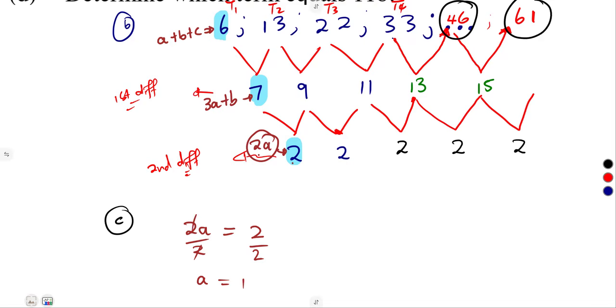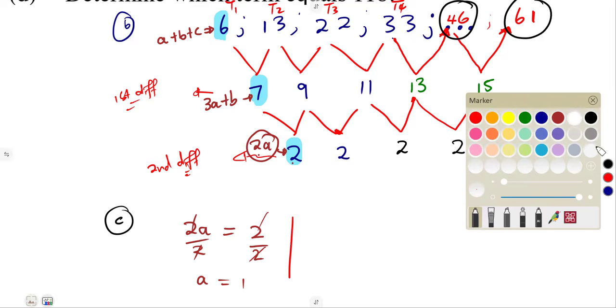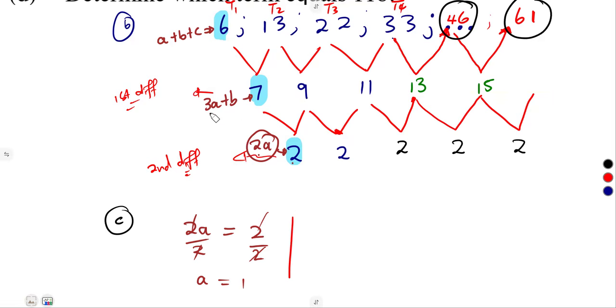Dividing by 2. Okay? We move on to the other part, which states that 3a plus b must be equal to what? To the first term of the first differences, which is the 7 there. So 3a plus b is equal to 7.